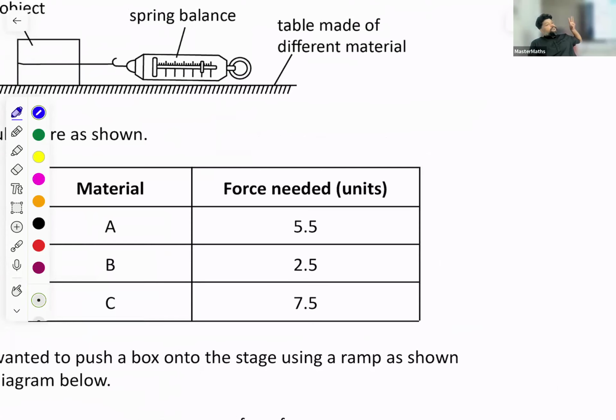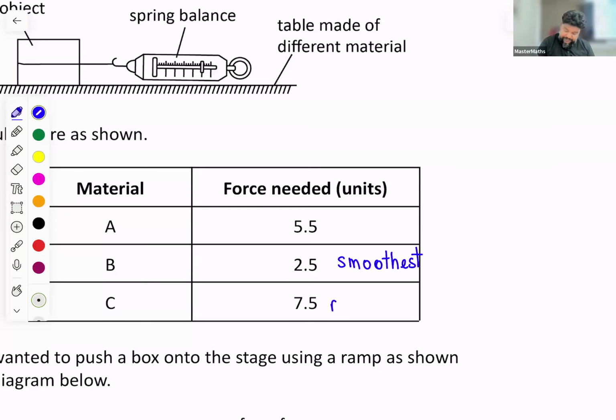What is the concept here? The greater the friction, the greater the force needed to move. The lesser the friction, the lesser the force needed to move. Which of these has the least friction? B. B is the smoothest. Which is the roughest?